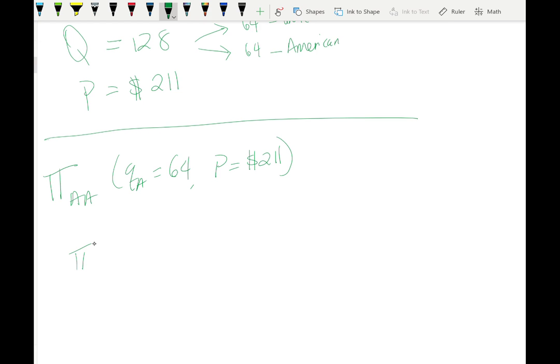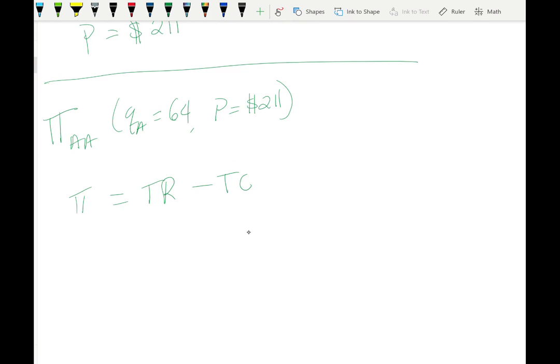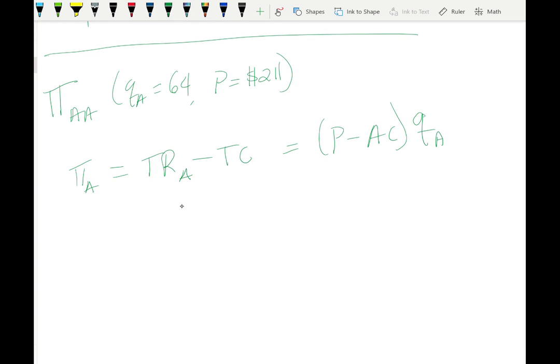Remember, profit is equal to total revenue minus total cost. It's also price minus average total cost times quantity. Since we're looking at this for American, we're going to note that with A. So the profit for American Airlines will be equal to, well, our price is 211 minus our average cost is 147.